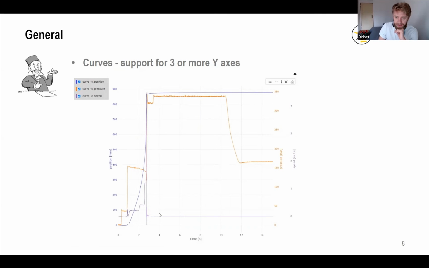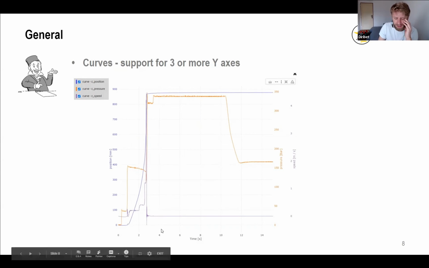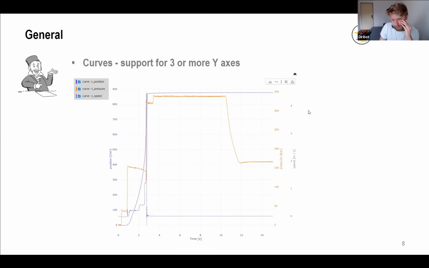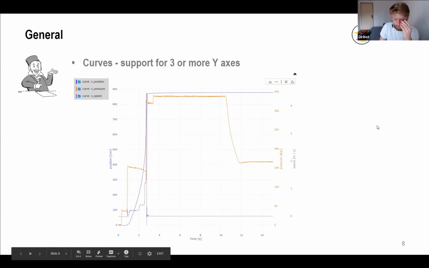And in the new graphics in version 2.21, we are able to visualize these three axes, or more than three. So you can imagine that there will be more and more. And if they all have the same x-axis, in this case time, it's able to visualize them.